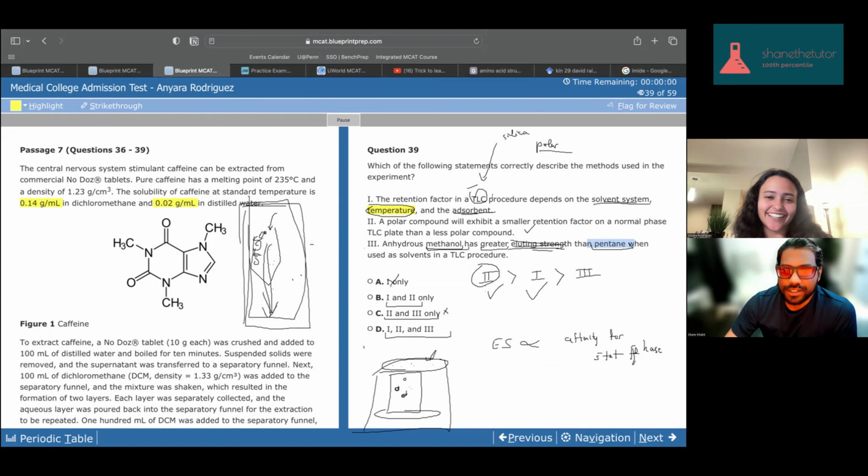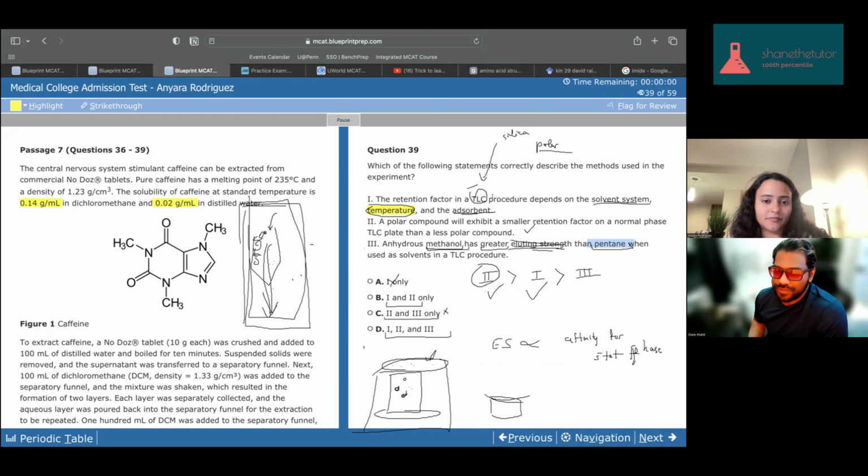So usually when you do the experiment, you're supposed to put something over the top. But let's think about that. If the temperature is high, or as the temperature increases, you're going to have more evaporation. If you have more evaporation, you're not going to have as much of that mobile phase.